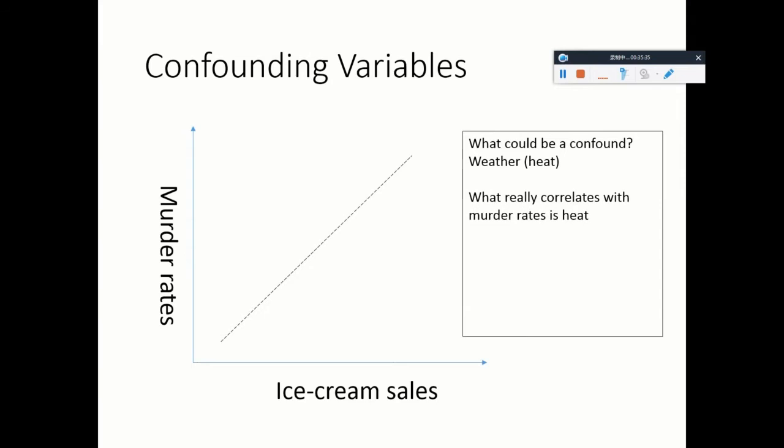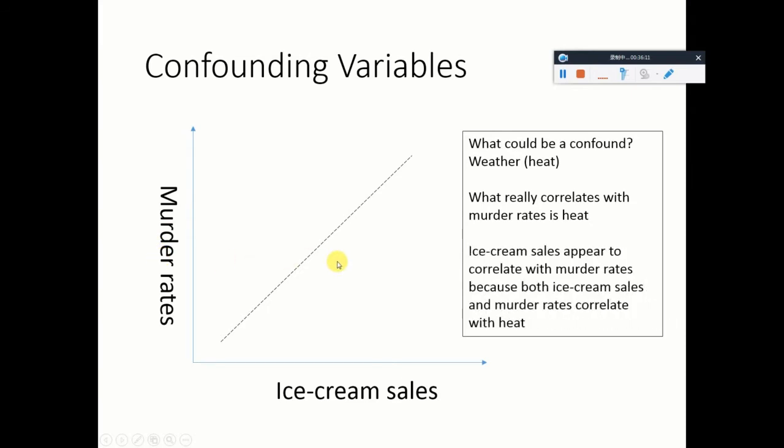It makes sense because as weather becomes warmer, definitely you will sell more ice cream. But at the same time, it turns out once the weather becomes warmer, people will become more aggressive. And the result of more aggressiveness is increased murder rates.